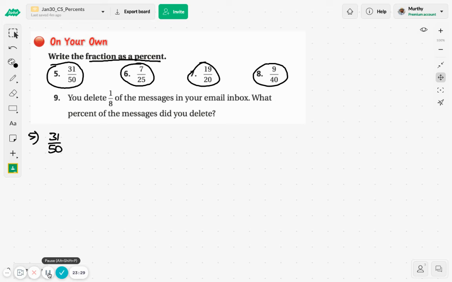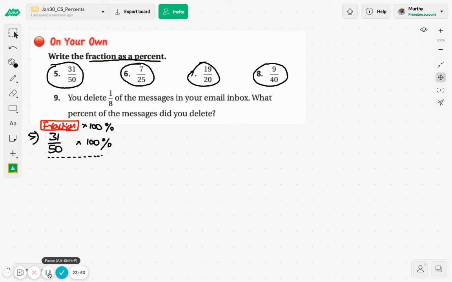If there is a fraction, in order to transform it into a percentage, simply multiply by 100%. The same thing here, multiply by 100%.